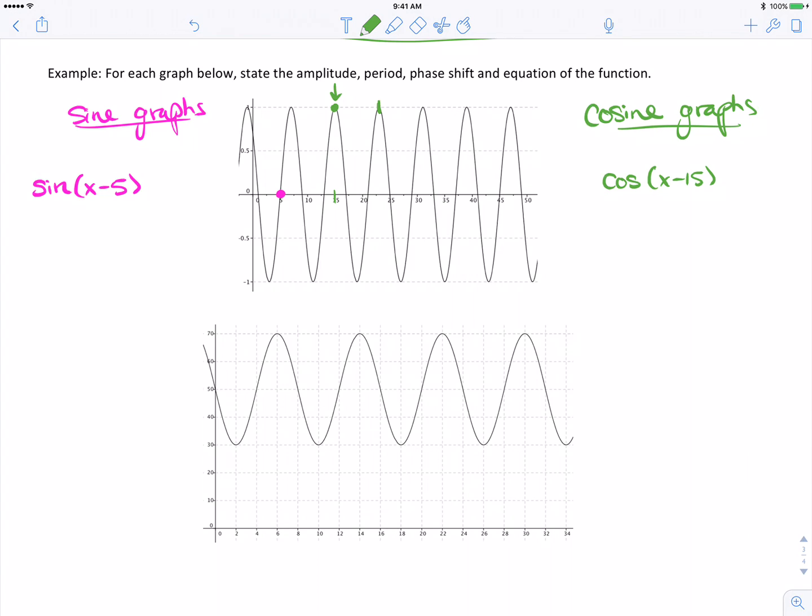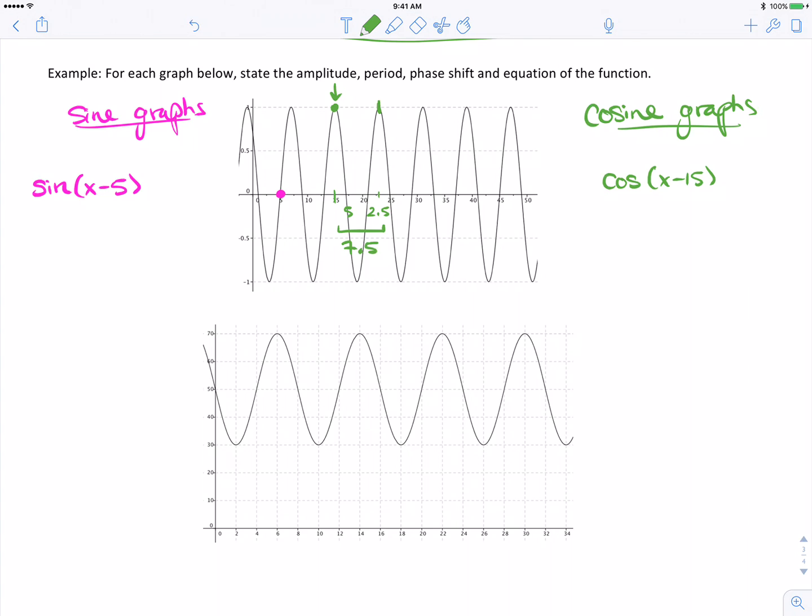It takes me 5 units, 5.25 here, plus 5, and that's 2.5. So my period is 7.5 for this type of function.